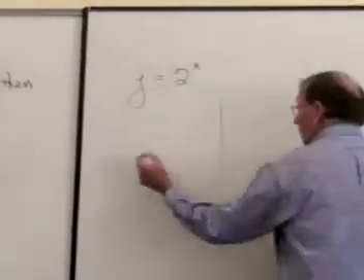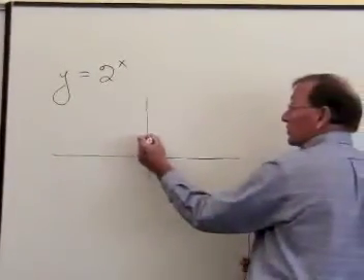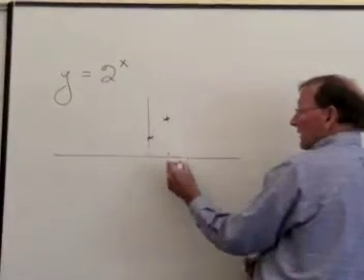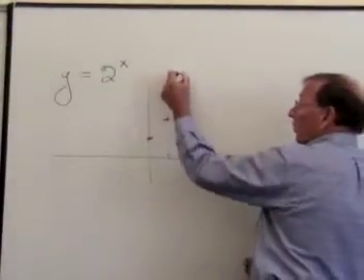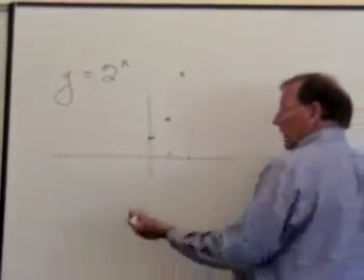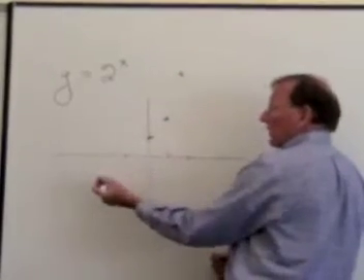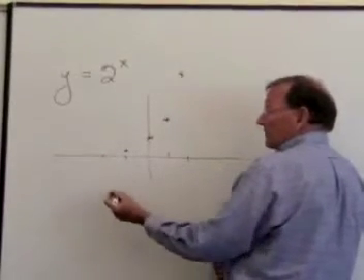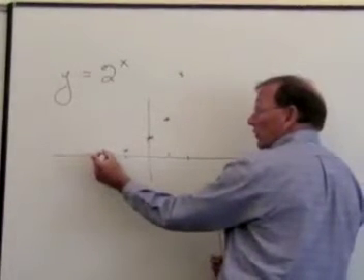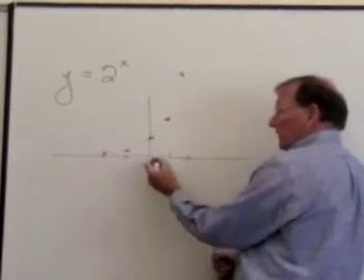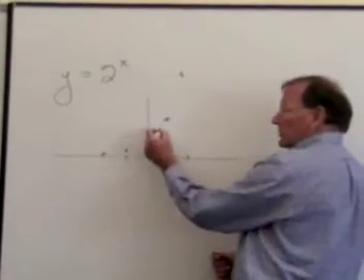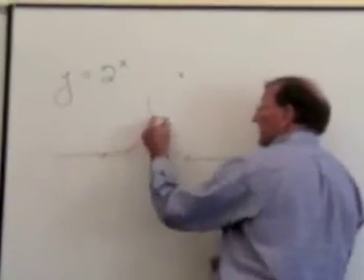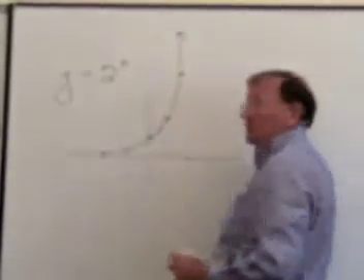And by plotting points, we found that 2 to the 0 is 1, 2 to the 1 is 2, 2 squared is 4, and we can now do 2 to the negative 1, and that was 1/2, or 2 to the negative 2 was 1 over 2 squared, 1/4. We can even do 2 to the 1/2 power, which is the square root of 2, and by connecting these points, we realize this is the graph of an exponential function.